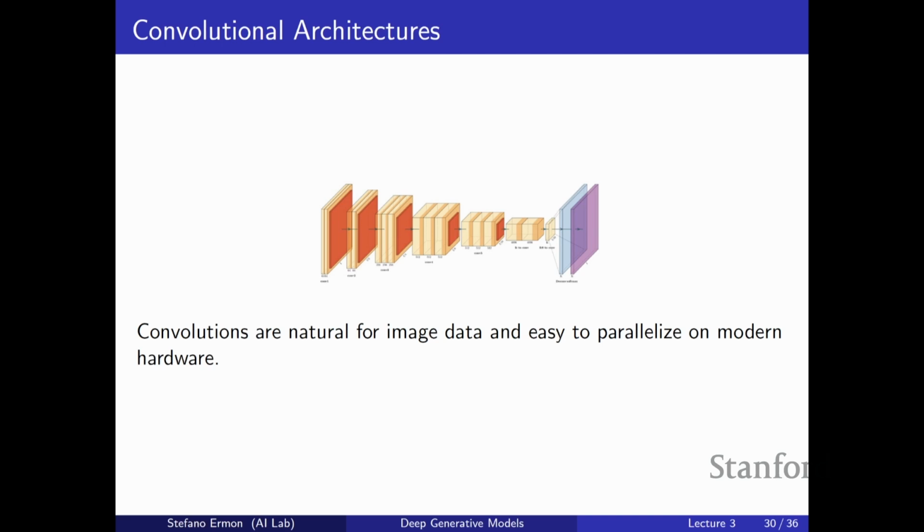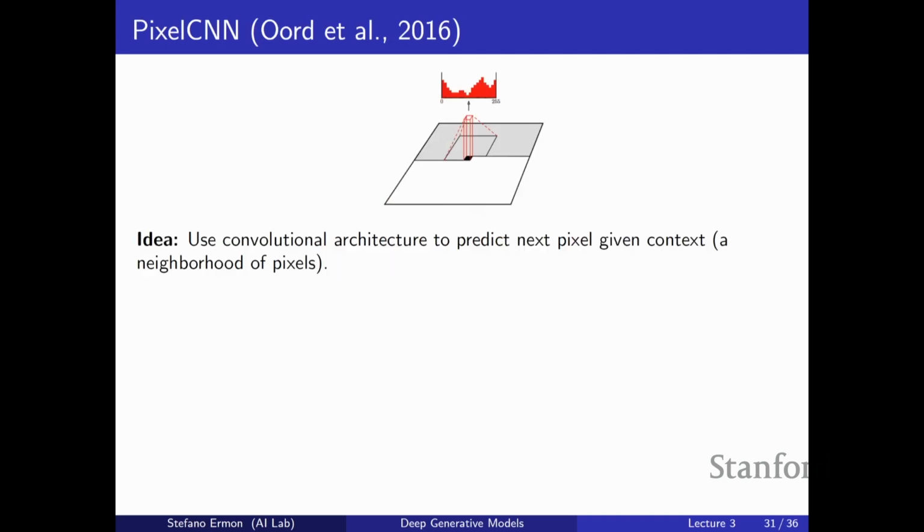And so it would be natural to try to use a convolutional architecture to build a generative model of images. The challenge, once again, is that you need to make sure that the model is consistent with an autoregressive one. So what you need to make sure is that when you make a prediction for a pixel, you only use information that is consistent with the ordering you've chosen.